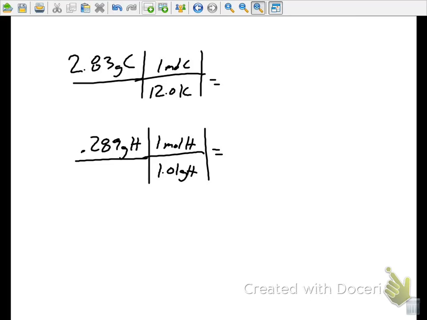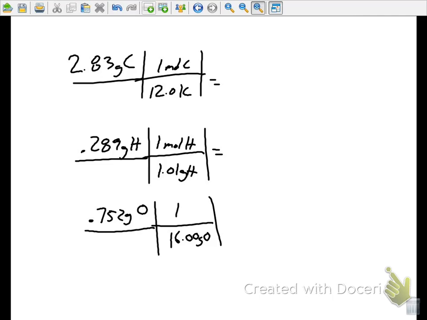And then the last one would be my oxygen, and that's 0.752 grams of oxygen, 16 grams of oxygen to 1 mole of oxygen. So then I get these numbers generated.